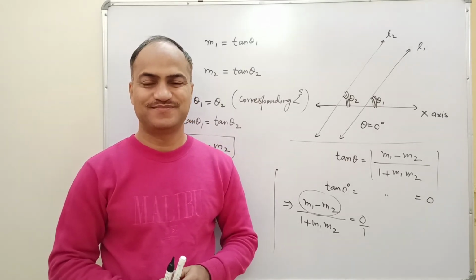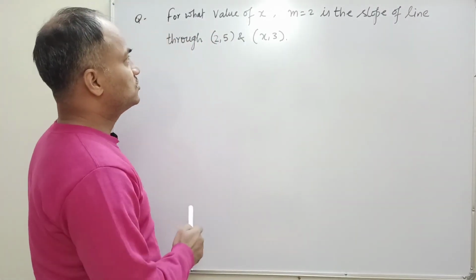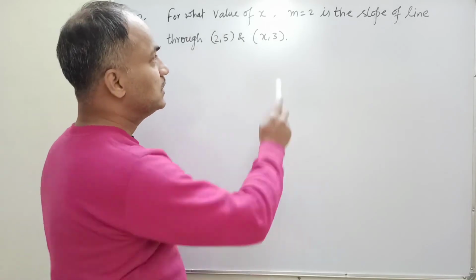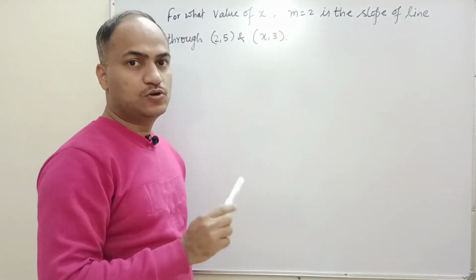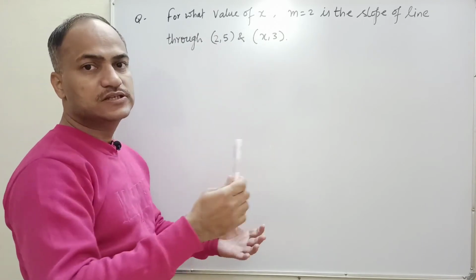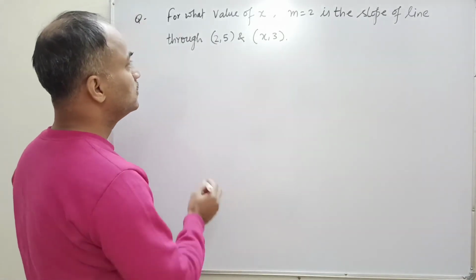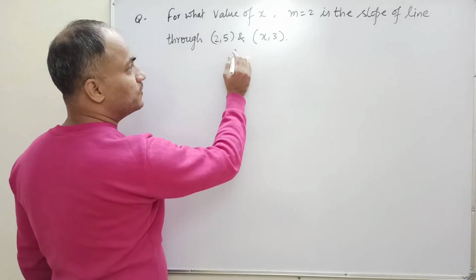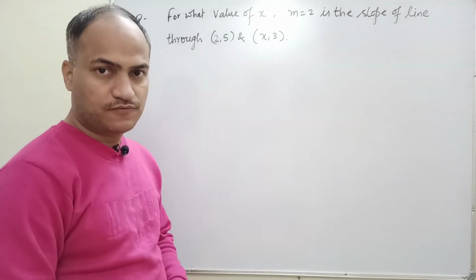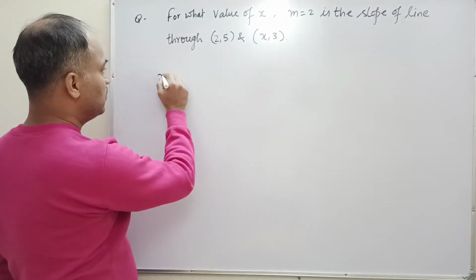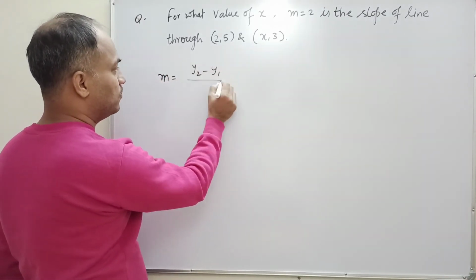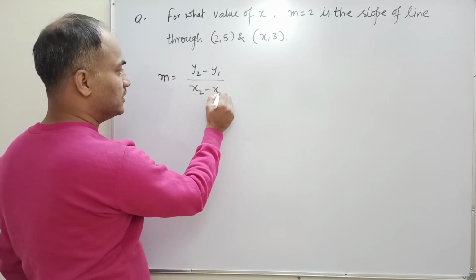So in this question we have to find the value of x for which the slope m is equal to 2, and a line through these points is given to us. So when we know the slope is 2 and 2 points are given, we can easily apply the formula for slope, and the formula will be m is y2 minus y1 upon x2 minus x1.